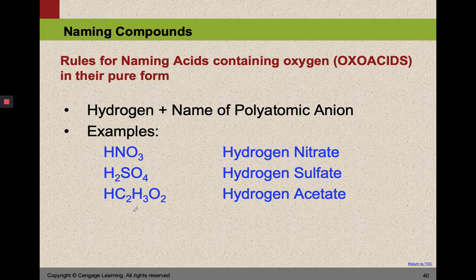Now, for those acids containing oxygen, we call them oxoacids. Once they are in their pure form, we just write hydrogen and then the name of the polyatomic ion: hydrogen nitrate, hydrogen sulfate, hydrogen acetate. This is the sulfate ion, and C2H3O2, mentioned a while ago, is the acetate ion. You do not see any aqueous there in their formulas.